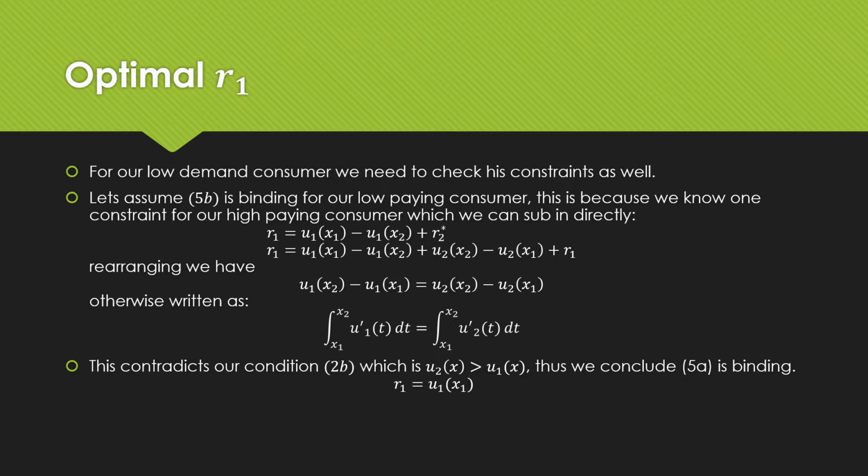In calculus terms, you could write this as the integral of the derivative of each of these functions, going from x1 to x2, sorry. This, however, contradicts a condition of our utility functions, and thus we have to conclude that 5a is binding, or R1 is equal to U1 x1.